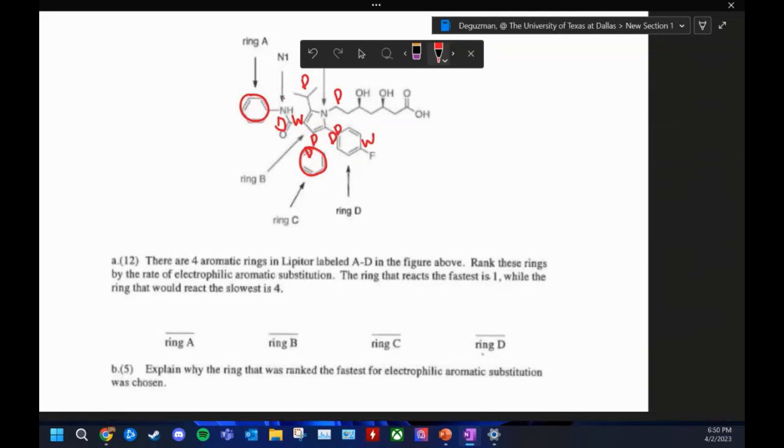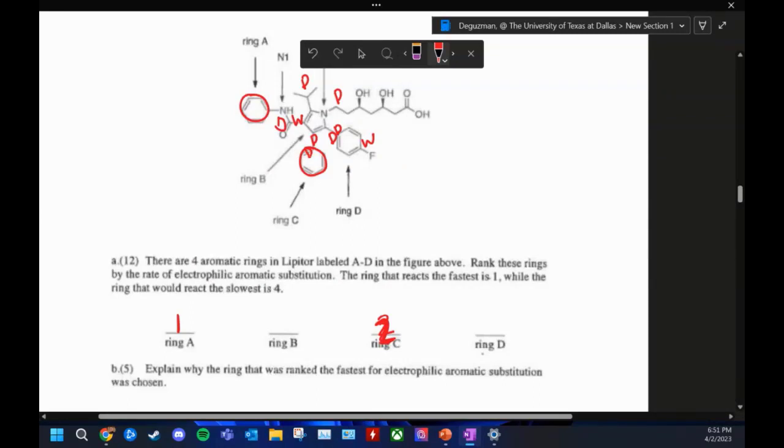So we have the nitrogen over here versus an aromatic ring. Which one would have electrons readily available? Yeah, nitrogen. So ring A would be 1. Ring C can be number 2.